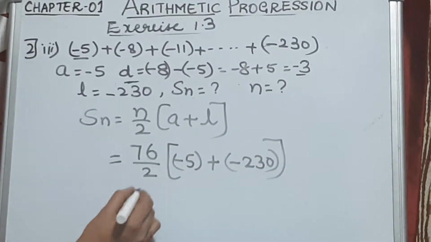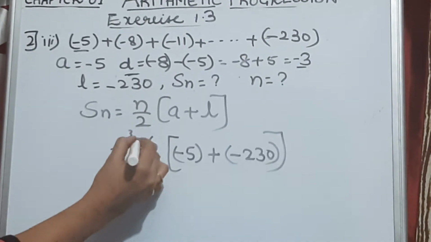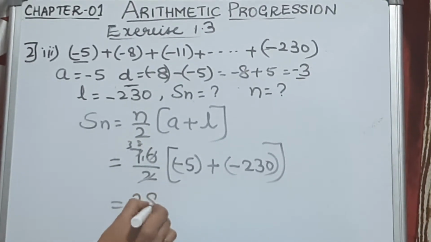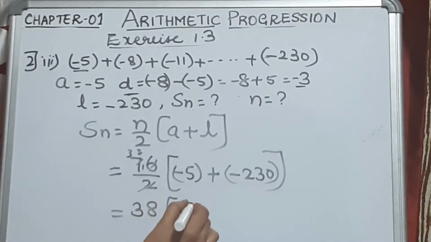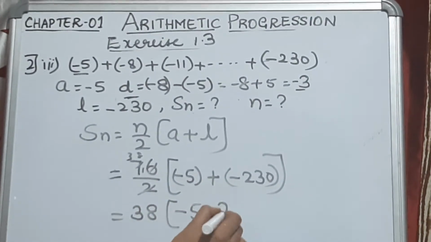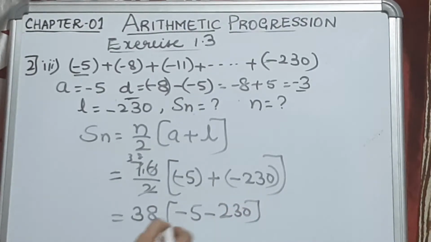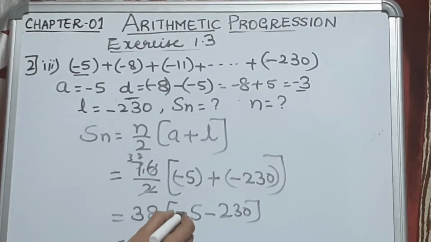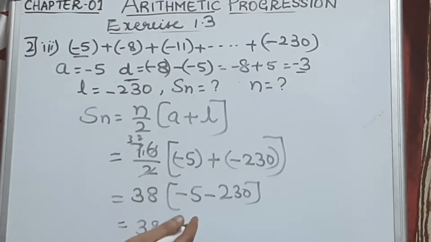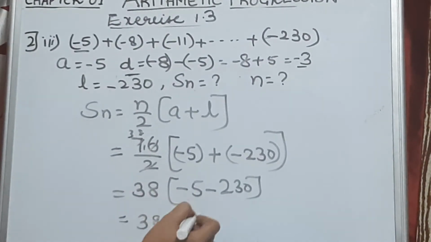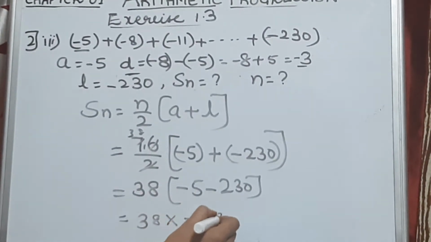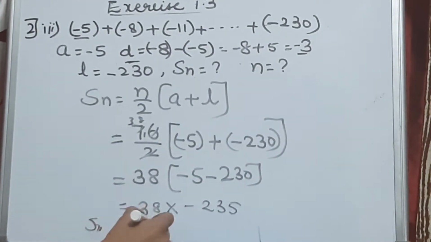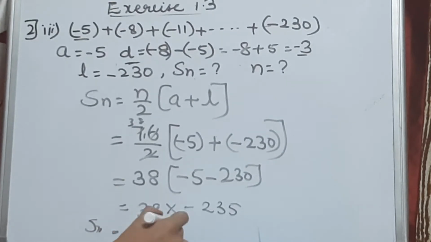Minus 5 plus minus 230: minus into minus will be added only, so it is minus 235. 38 into minus 235. If you multiply both, what do we get?